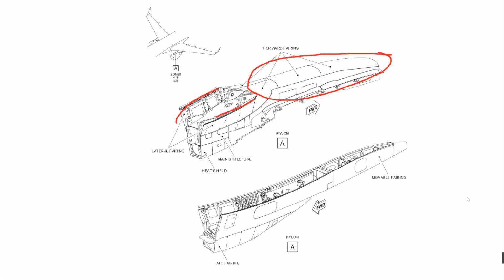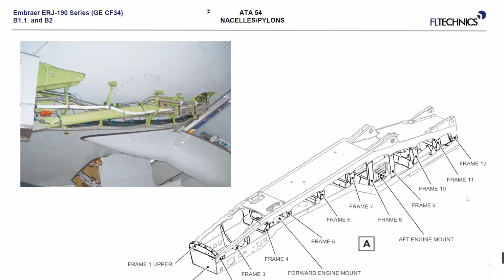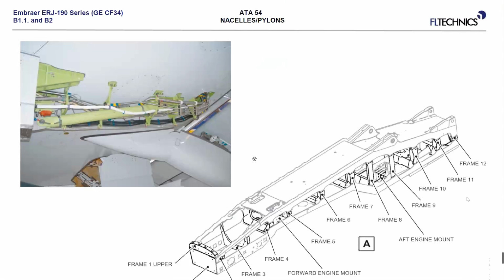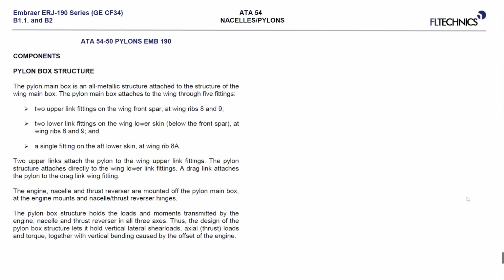We have also a heat shield, because where the heat shield is, this is where our pneumatic ducts are passing for the engine bleed. Here on the aft, we have a movable fairing. Actually, on this schematic, the movable fairing is missing; it's removed. These fairings are composite material. And that's it.